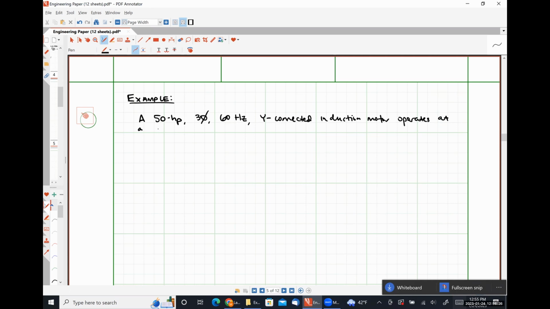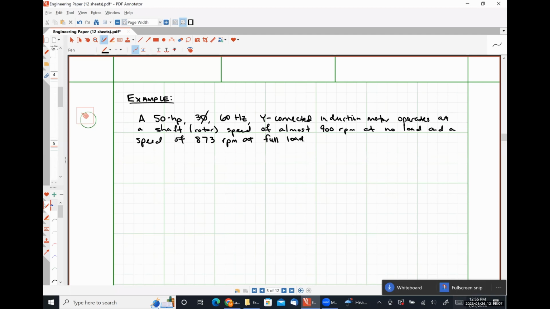It operates at a shaft or rotor speed of almost 900 RPM at no load, and a speed of 873 RPM at full load.